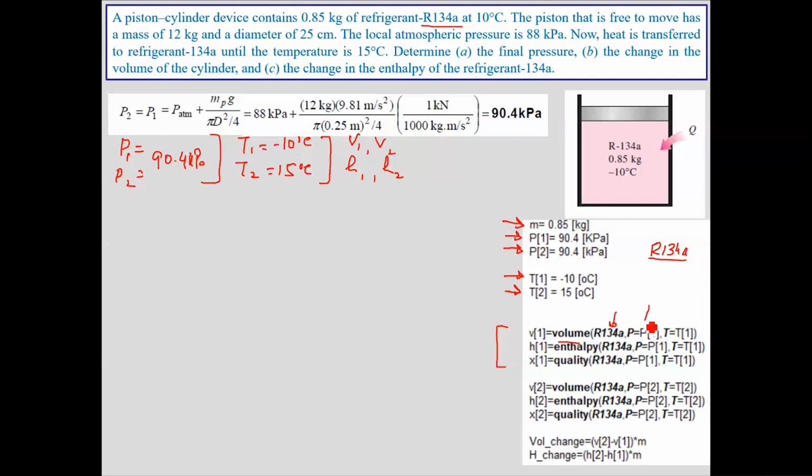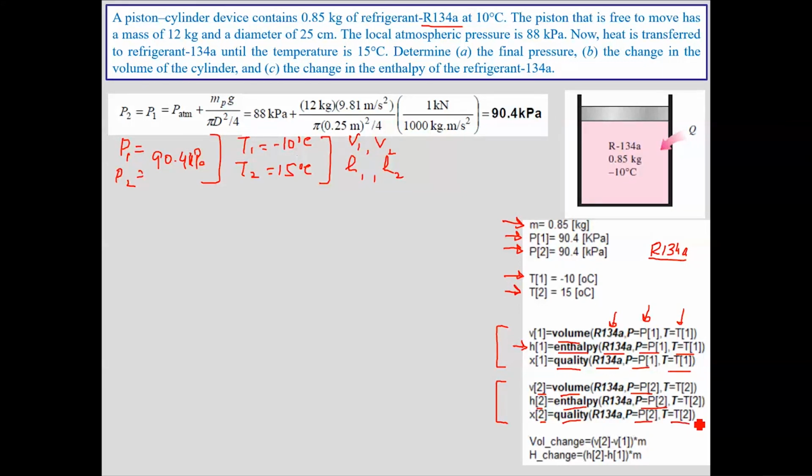You'll use P equals P1 and T equals T1 for state 1. Similarly, for enthalpy, you'll use the function of enthalpy, R134A table, and the properties of state 1. Similarly, for quality, you'll use the function of quality, R134A, P equals P1 and T equals T1. You'll do the same for state 2, but you'll store the values in row 2. Find the volume, enthalpy, and quality for the properties at state 2.